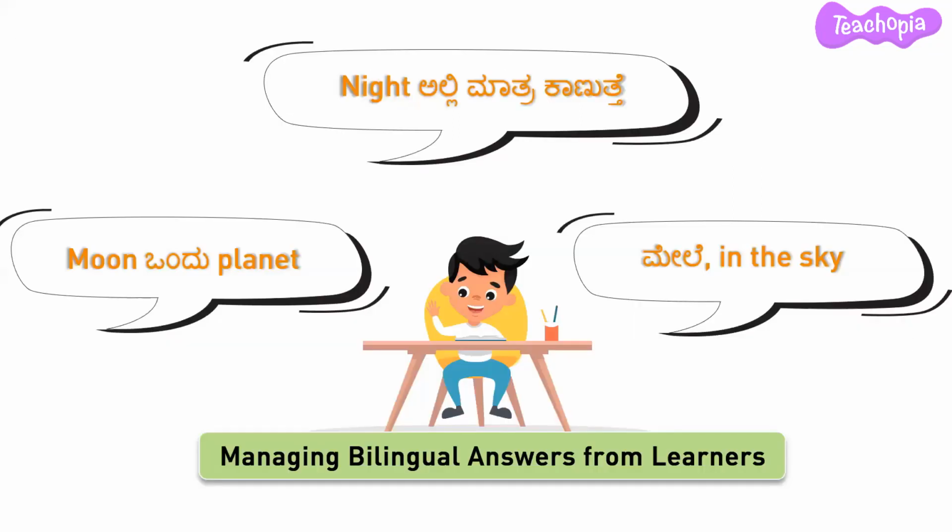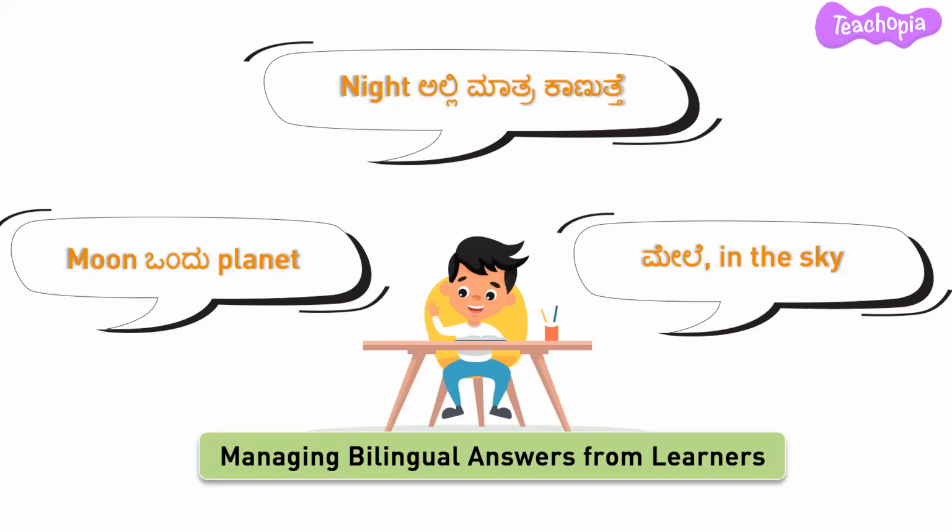So now, having seen how we can have an effective classroom conversation through its various steps and strategies, there is probably one thing that is lurking at the back of all of your minds, which is how do we deal with bilingual answers from the learners?